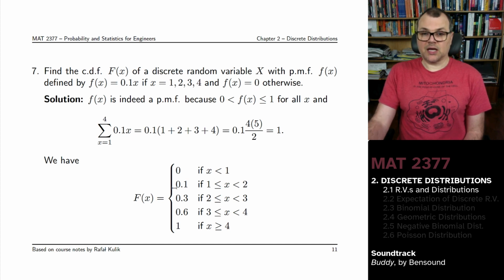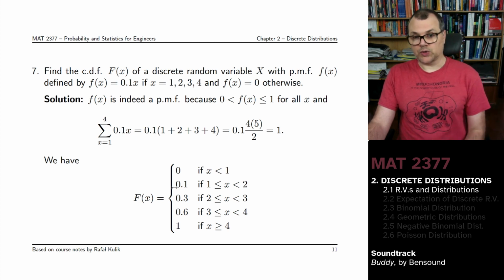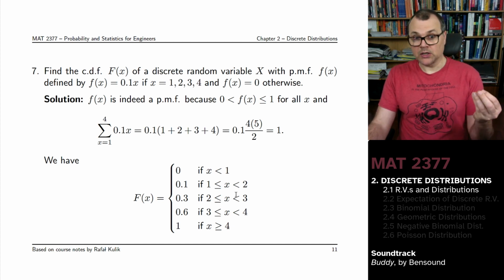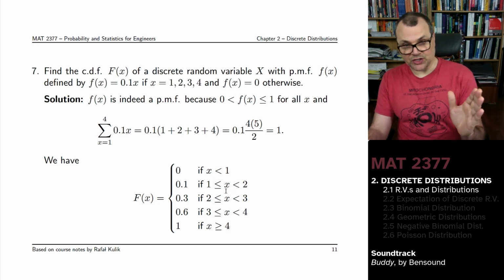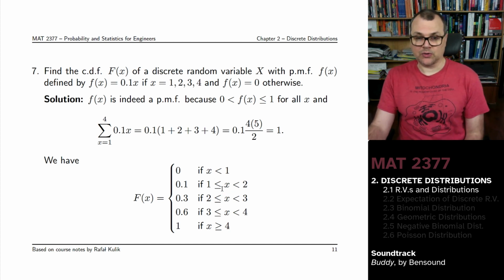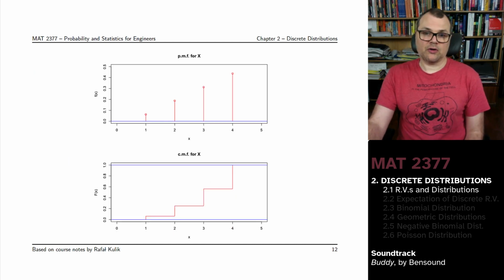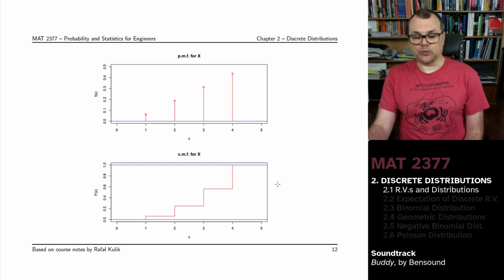Then there's a 10% chance you will pick something which is either 1 or strictly smaller than 2, on account of, well, you have a 10% chance of getting a 1 and 0% chance of getting anything else between 1 and 2, and so forth for all of them. So this would be your cumulative distribution function.